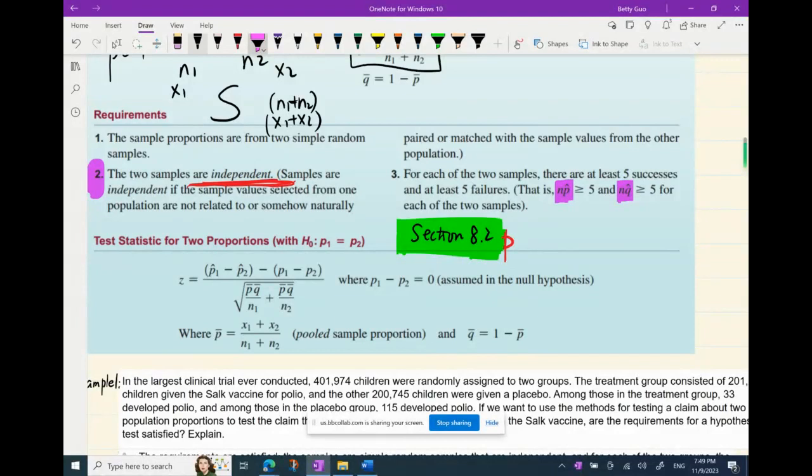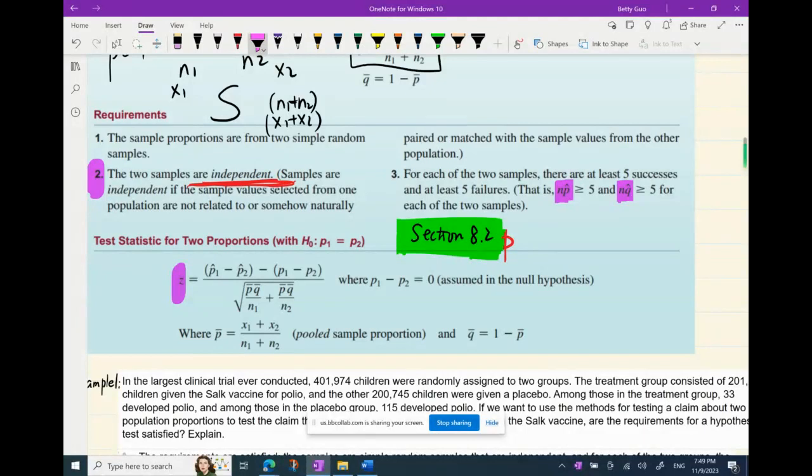All right, so this is the test statistic for testing two population proportions. I'm not going to make you memorize them. You do not have to, because we are going to use the function in the calculator to process those hypothesis tests. The only thing I want you to remember is this z. When we test a claim regarding two population proportions, the test statistic is a z-score.